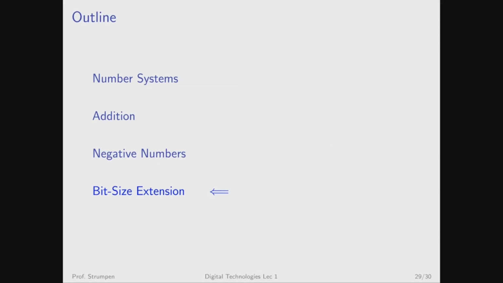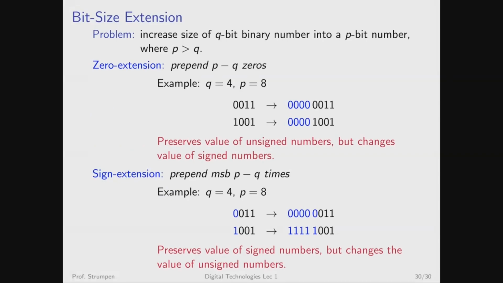One last slide that is very quick, bit size extension. When we build digital machines and we want to represent binary numbers with different numbers of bits, we want to be able to convert between those numbers.